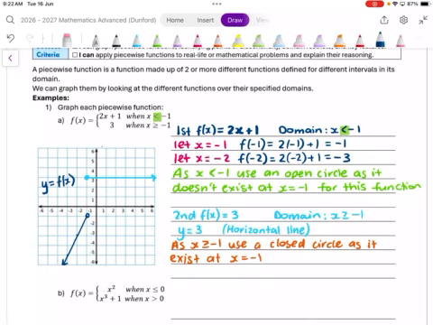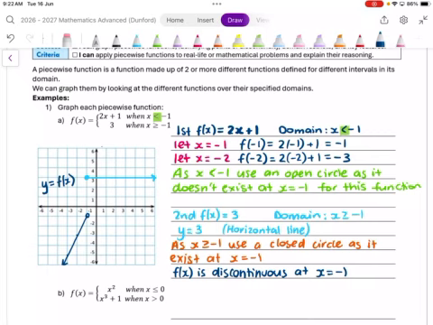What we have is f of x is discontinuous at x equals minus 1, because it doesn't connect. We're going to see some functions shortly that do connect, when you're having a go at them.